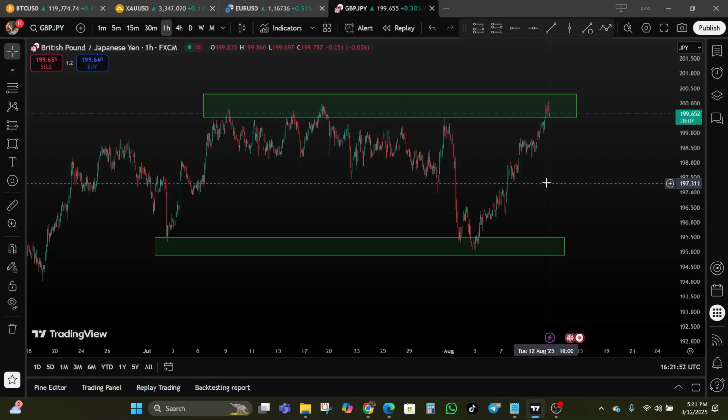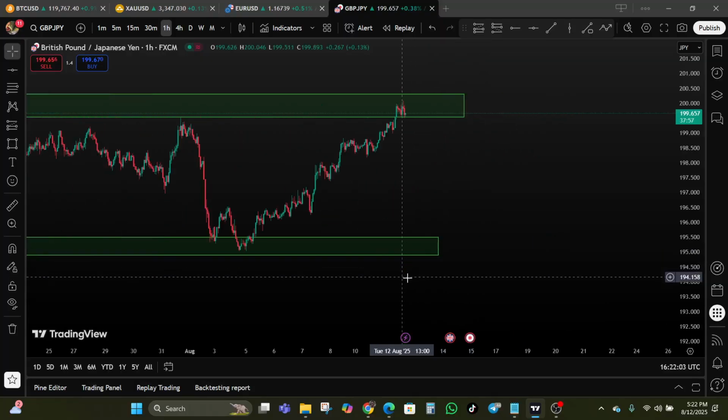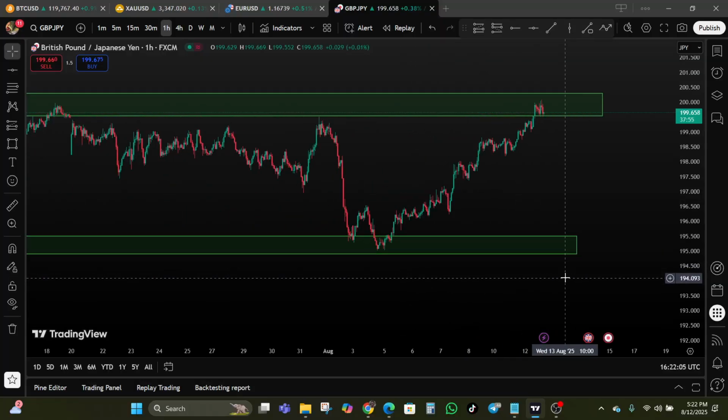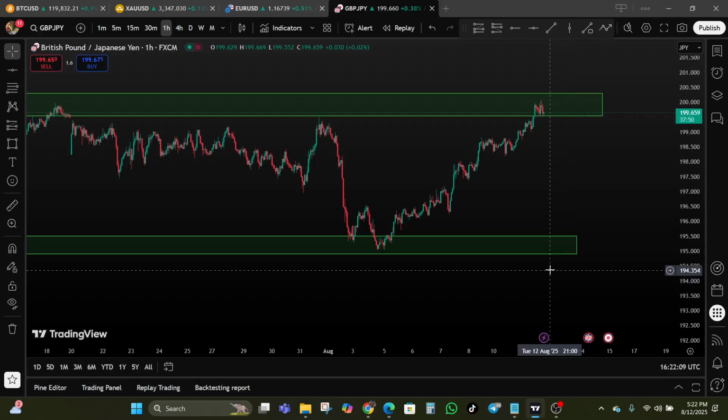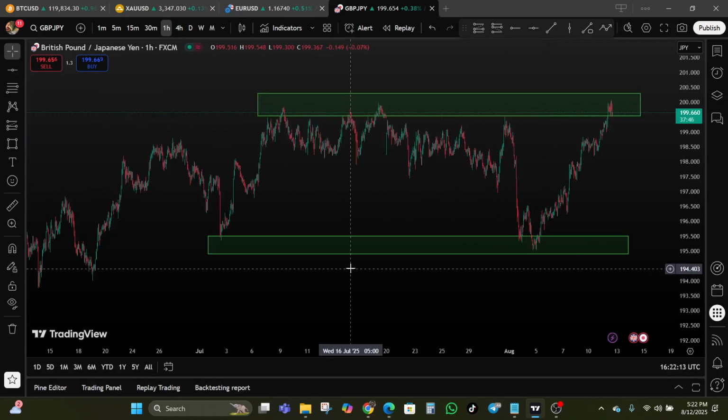Now, a strong supply or demand zone is created when price leaves the area with a sharp, impulsive move. This means that institutions and large traders were active there.